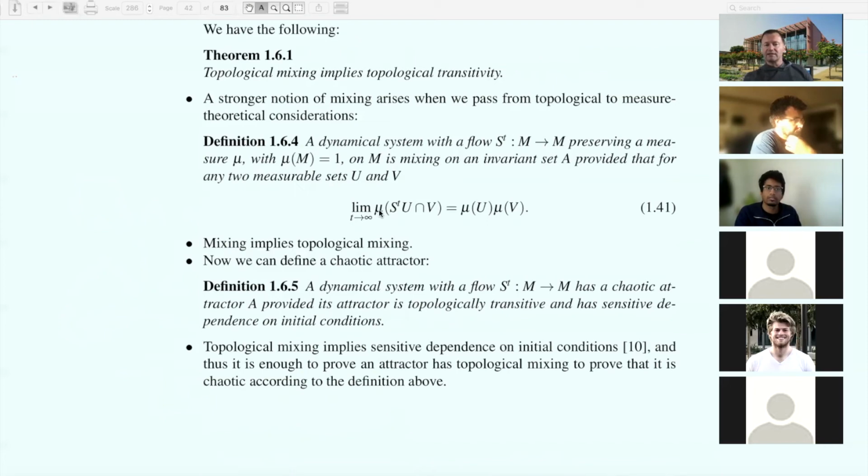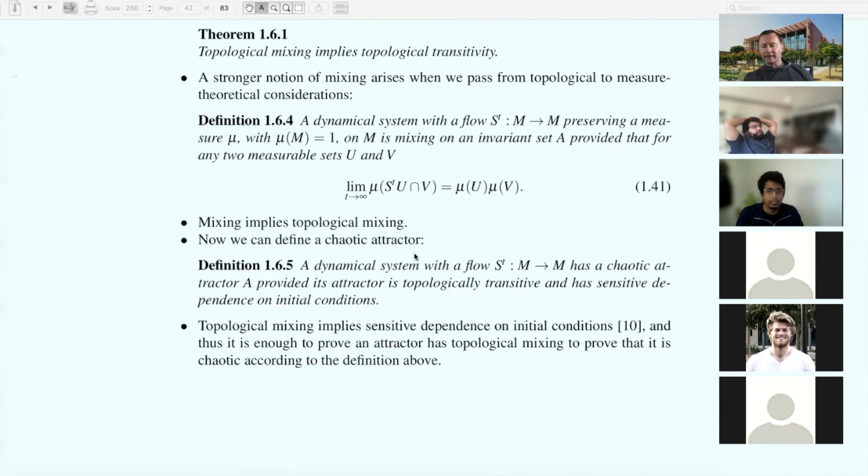So this says that the measure of the intersection between U mapped forward by the flow and V is equal to the measure of U times the measure of V. This is even stronger, because it says not only that there is going to be a single trajectory there at any given time, but there is going to be a substantial measure of trajectories in that set V, provided that U has a given measure. And so this notion of mixing, which we call metric mixing, implies topological mixing.